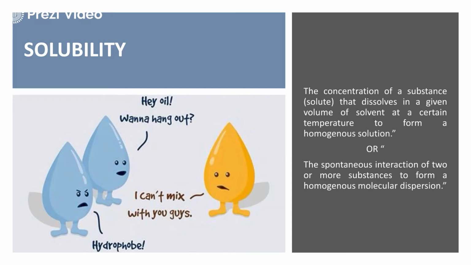So the concentration of the solute which dissolves in a given volume of a solvent, and the volume has to be specified at a specific temperature to form a homogeneous solution. So this is the quantitative estimation of the solubility, where you are calculating the amount of the solute which goes inside the solvent to form the solution.